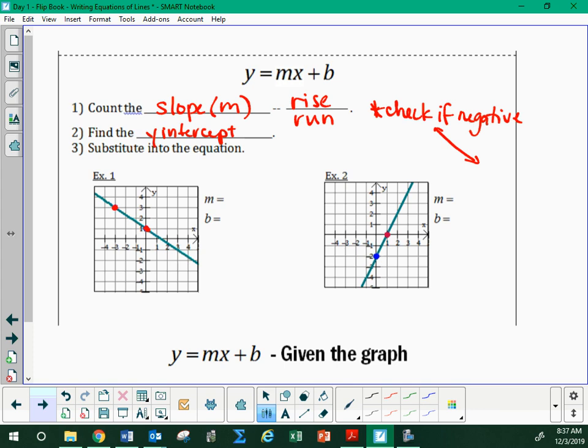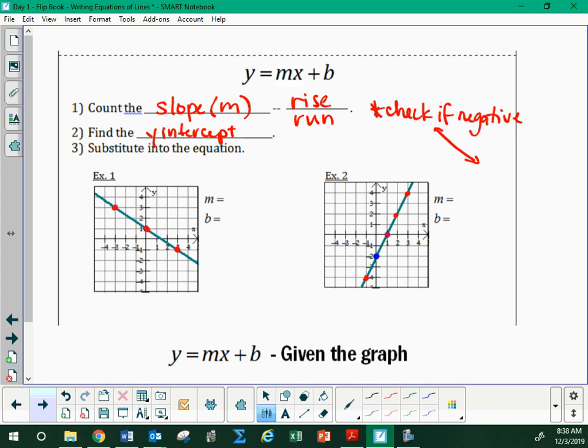Or you can just throw the negative in front altogether. It all means the same thing. So again, make sure the point is perfectly on the crisscross. Another point I could use would be this one right here. It's perfectly on the crisscross. Looking over here, I could use this one. It's perfectly on the crisscross. I could use this one, or I could use this one. So just be aware, sometimes you have to decide which dots to use. Just use the ones that are on the crisscross.